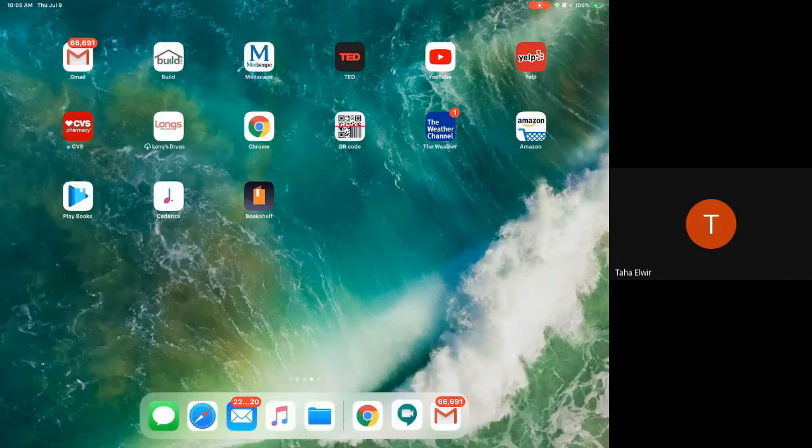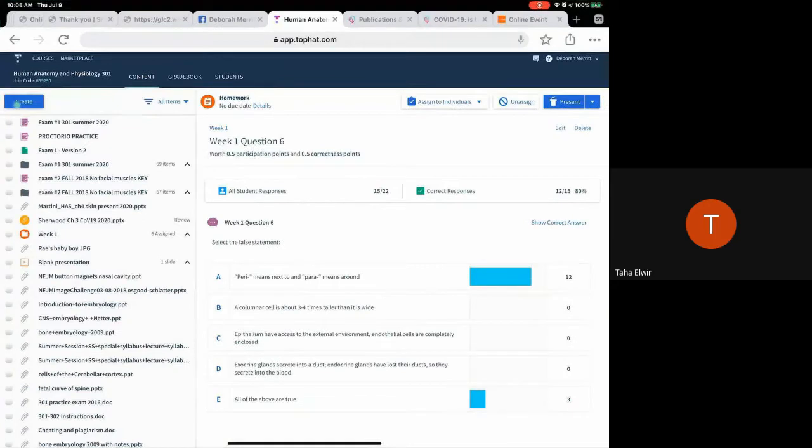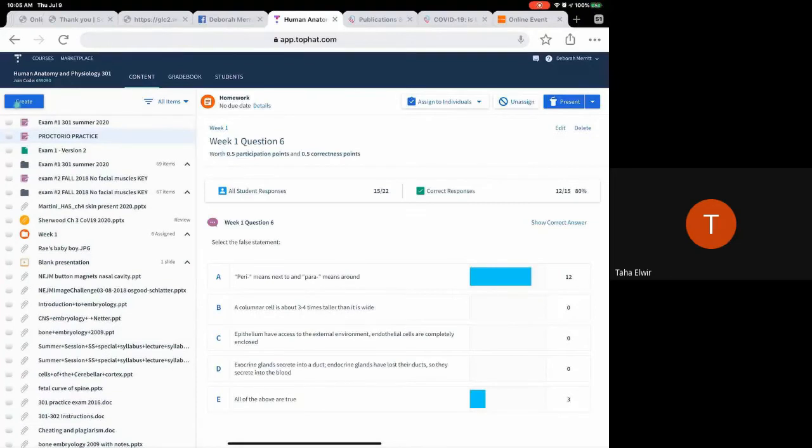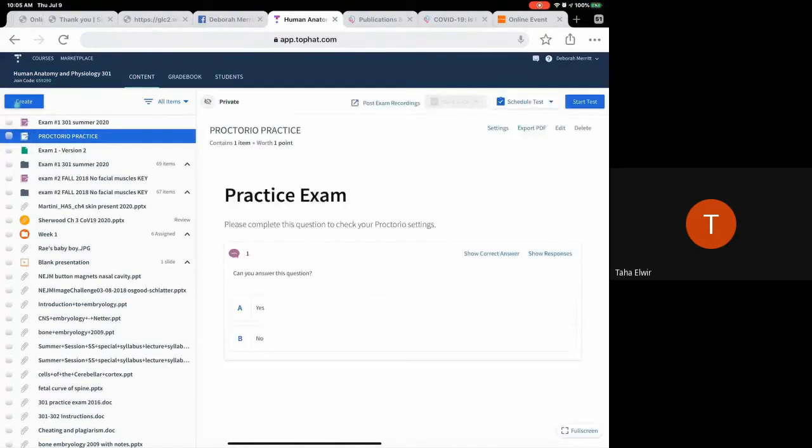So we'll look at the Top Hat screen, and over to the side, there's this proctoral practice exam, and you need to click on that, and then it's going to ask you some questions. So can you answer this question?